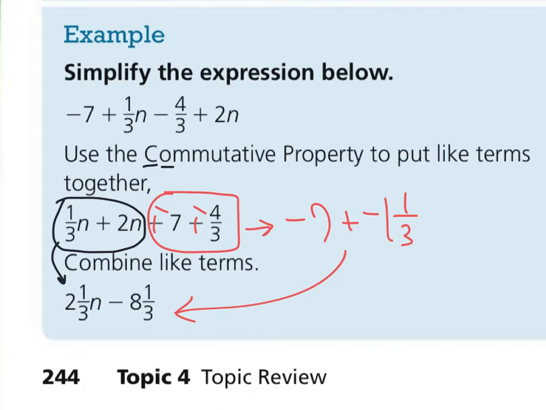Other option would be to get a common denominator, which would be 3. So you'd have -21/3 plus -4/3, which would be -25/3. So either way would be fine on that. And if instead you had plus -8 1/3 or plus -25/3, that would be okay as well.